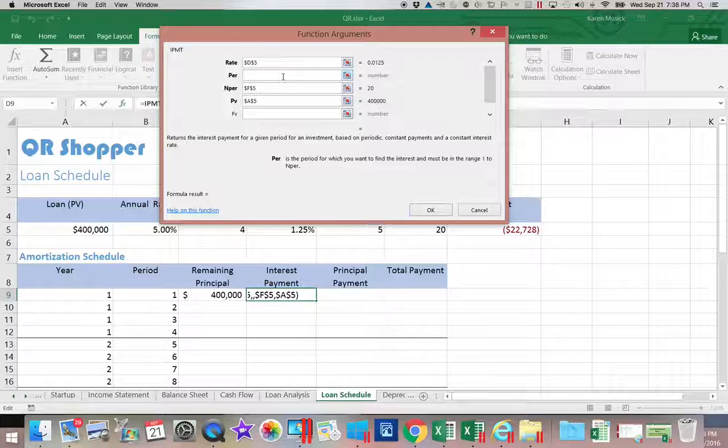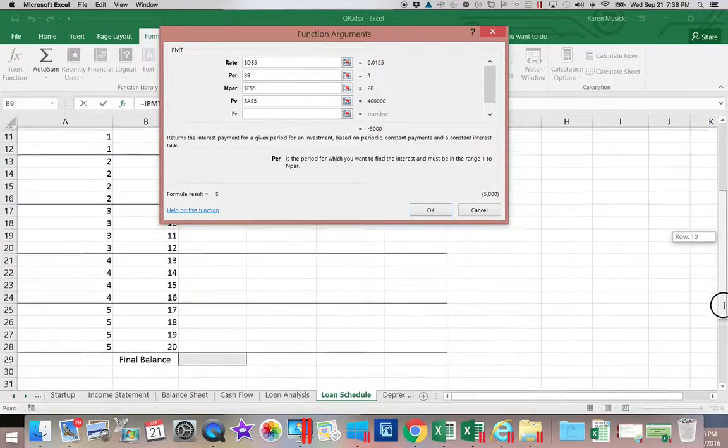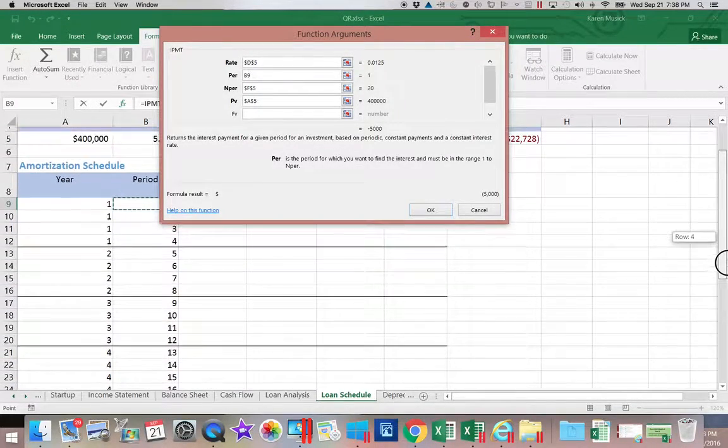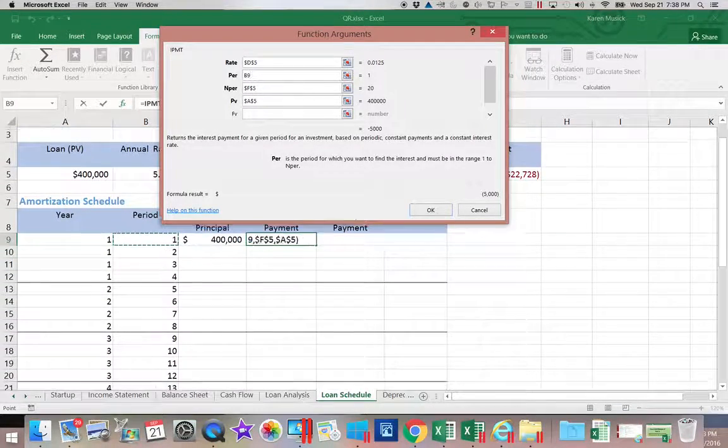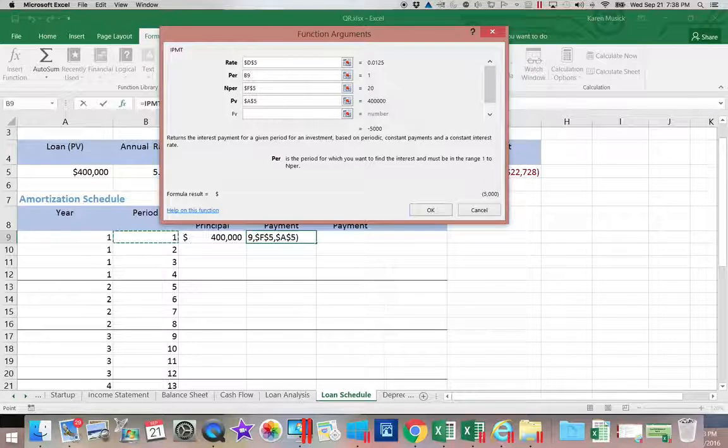Okay, so you have to tell it which period we are on, for this payment, payment 1. You can see in this column of numbers, they're sequential numbers 1 through 20, so we can use that as our payment number.